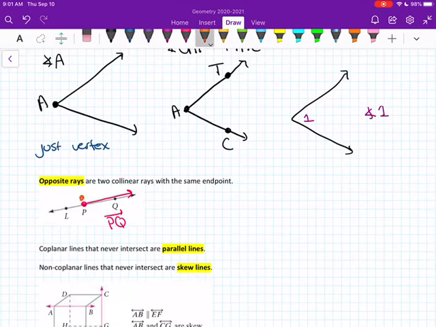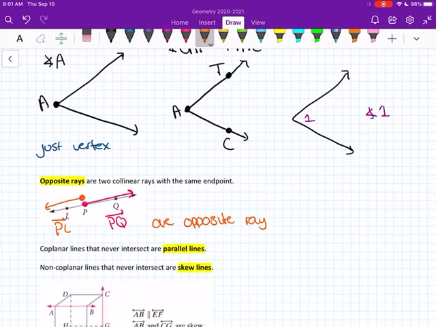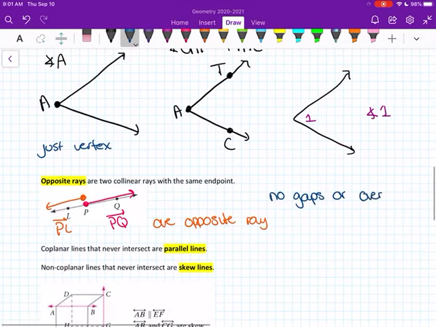And over here, if I start at point P, same endpoint, remember, and I go out this direction, ray PL, they are what we say are opposite rays. Okay, no gaps or overlaps. And together they make a line.